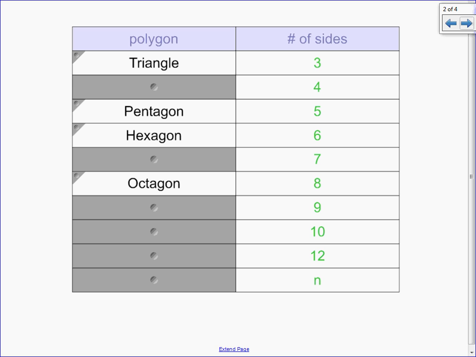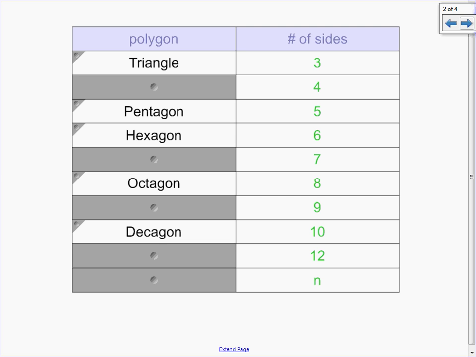Any others? Yep. Nonagon is up there, but it's not that one. Yes? There is a decagon up there. Which one is it? There's decagon. Yes? 4 polygon, another good guess. For some reason, 4 is always a hard one. Every single year I've taught this, it's a hard one to remember.